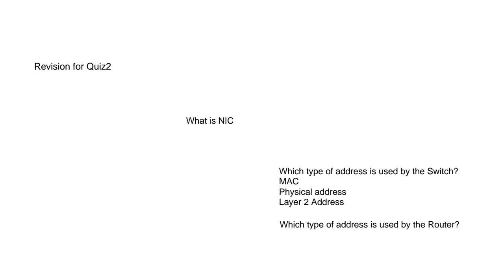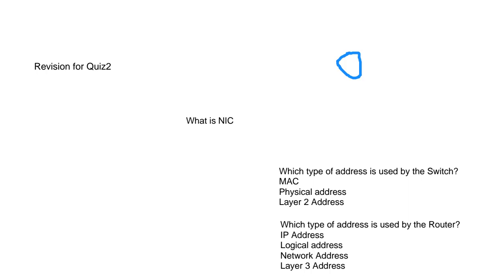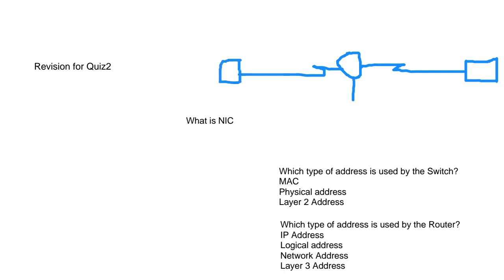But if I have a router with this connection here, this connection here, a switch here, a switch here, and a computer here, how many broadcast domains are there? 3.